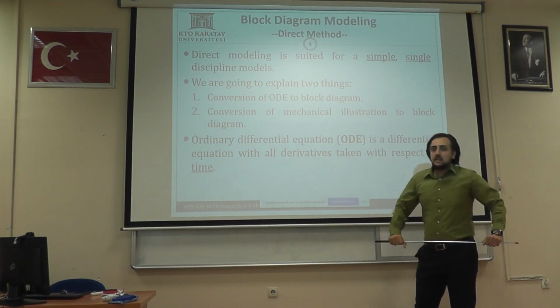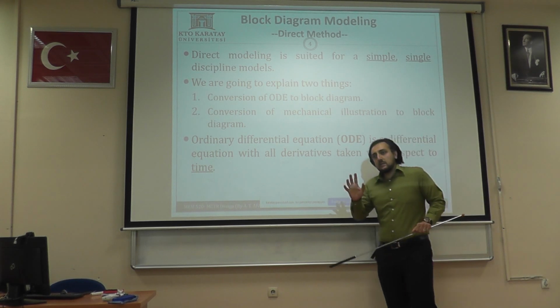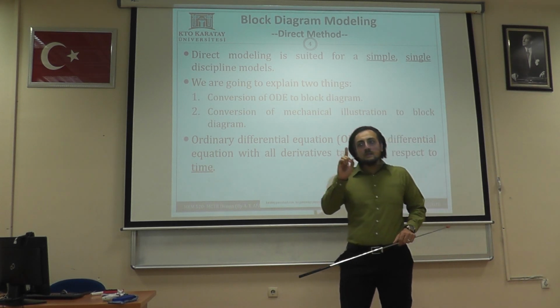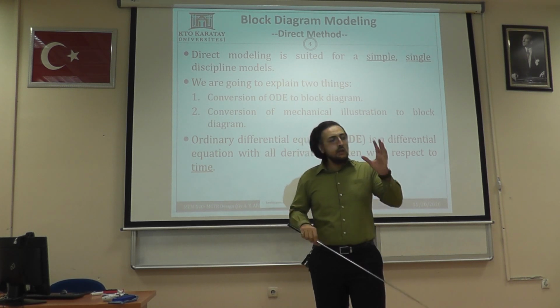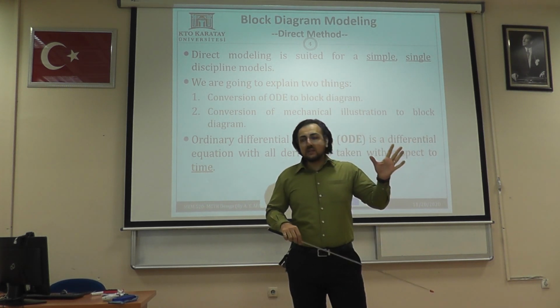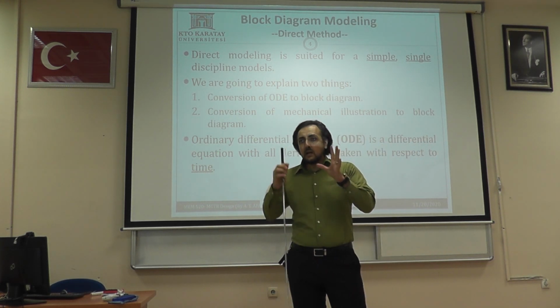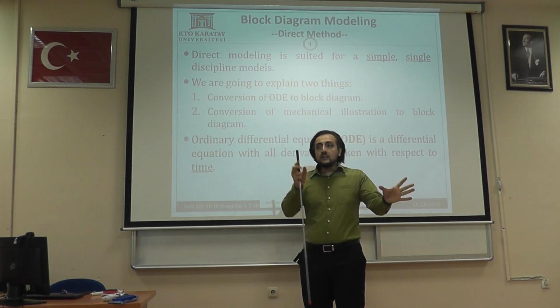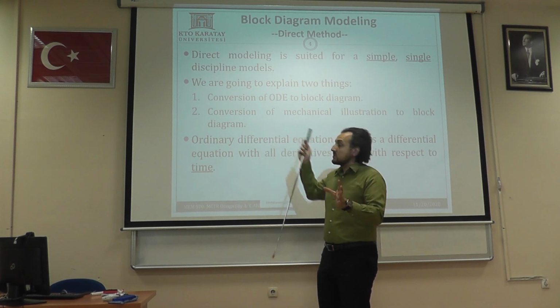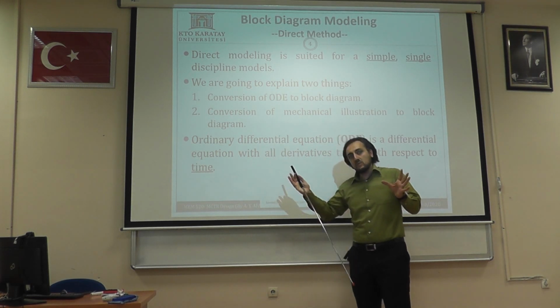So when I say direct modeling, it means I'm only using a single domain. What I mean by that? If I have, for example, an electrical system, I only make a block diagram for the electrical system. But if I have electric and mechanic together, no, I cannot use this way. I need this analogy modifier.